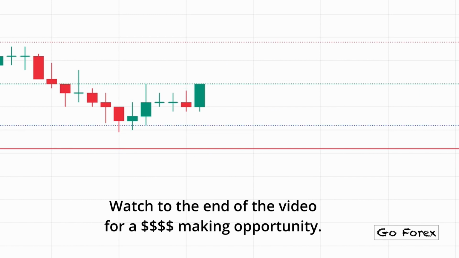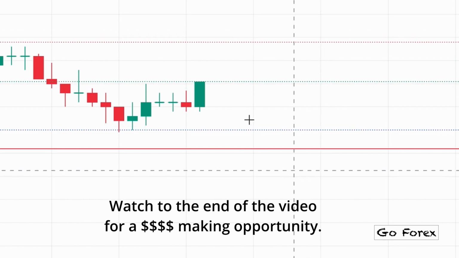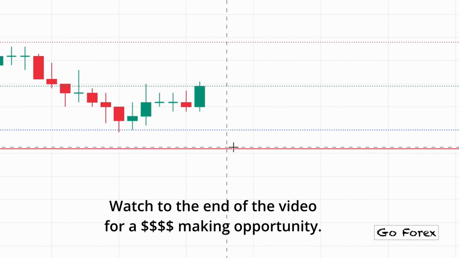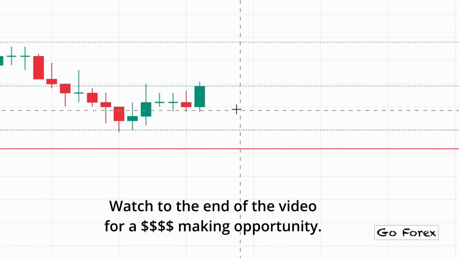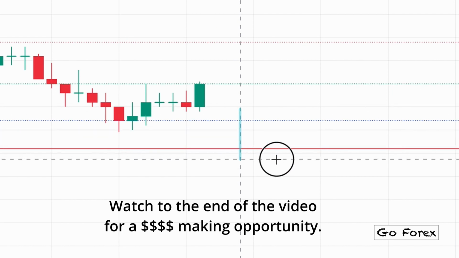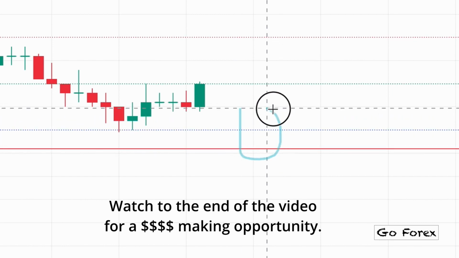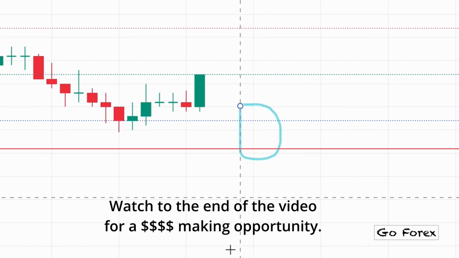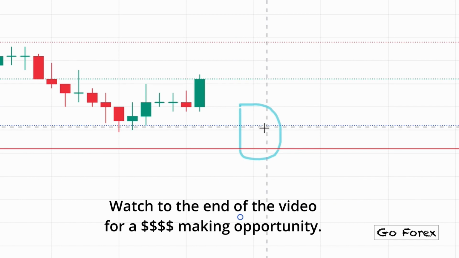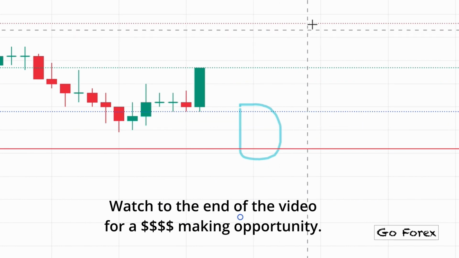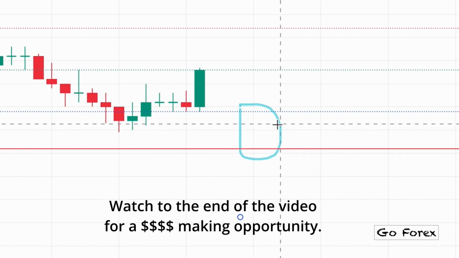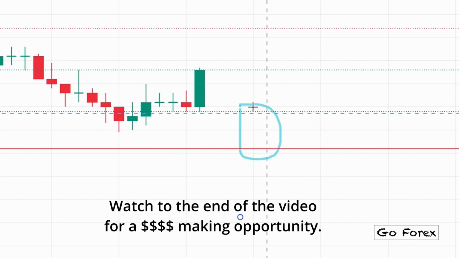I'll just draw a little line here with the brush. That candlestick, or the candlestick that crosses here, right? It may do this. Okay? It might do that. It might touch. Okay? But until that red line comes down and crosses that line there, I won't get my money. Okay? I will not get my money.